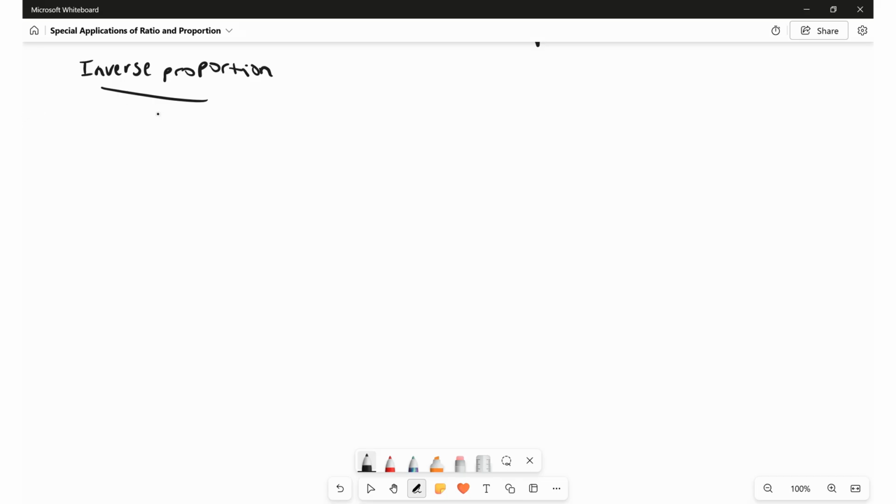at an inverse proportion, this is where the rule of order does not apply. So remember, we talked before with the rule of order, and this is really only for direct proportion. Okay. That if we put, say, like A on top, A needs to stay on top, B, B. Okay.